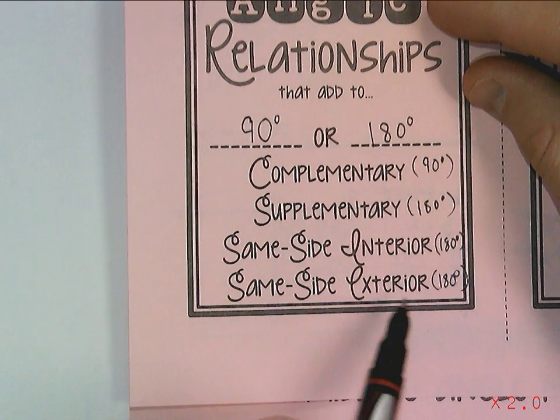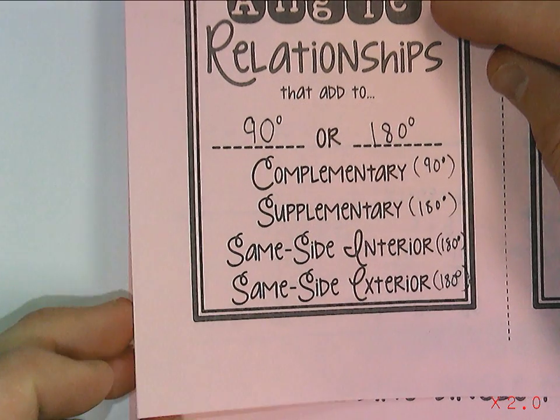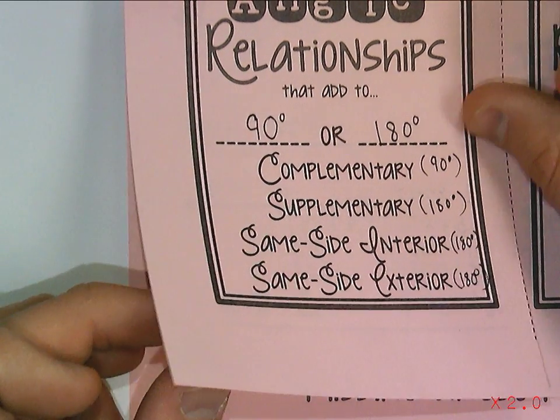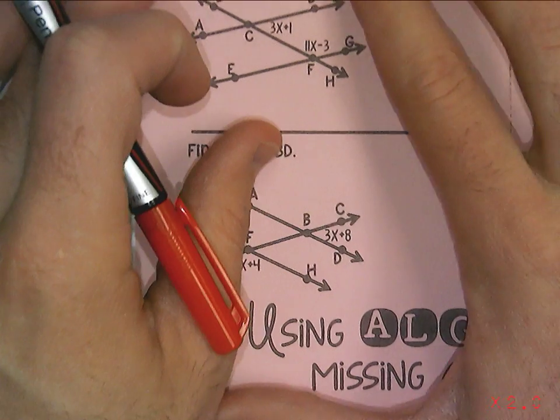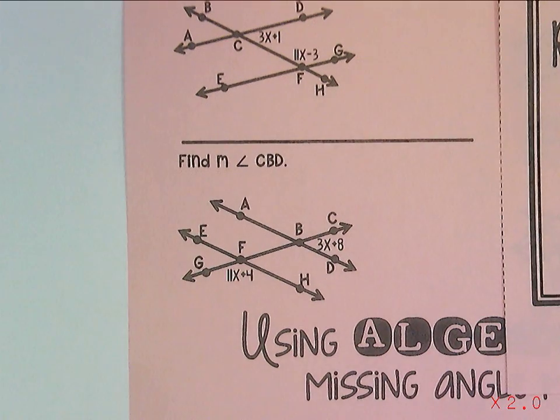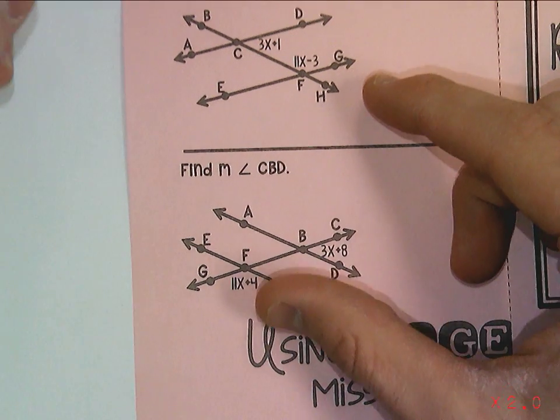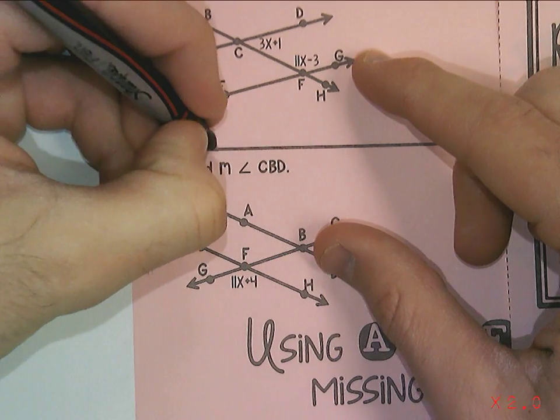If they're on the outside, that means they're exterior, so they must be same side exterior angles. And we see that those add up to 180 degrees. So that's a lot of information for us there to work with and enough for us to solve for these missing angle measures. So like I said, this is same side exterior.